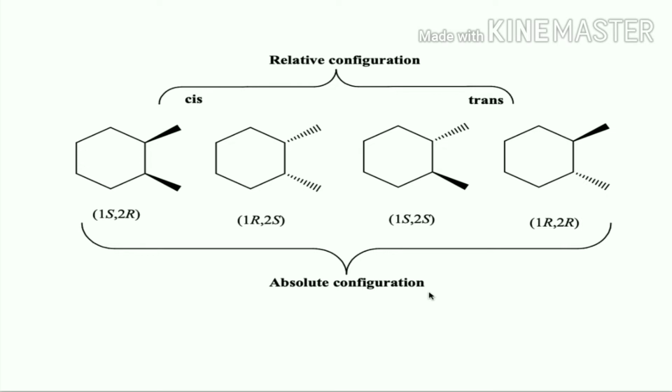One of the disasters, the thalidomide disaster, happened because one isomer acts as a drug, whereas the other acts as a toxic. So absolute configuration is very important. We cannot decide on the relative configuration. Now we need to assign the absolute configuration.